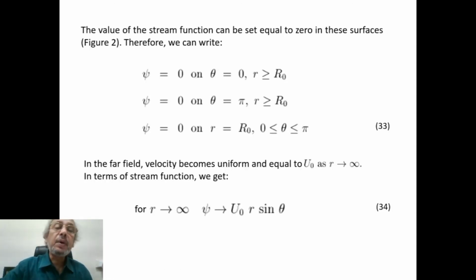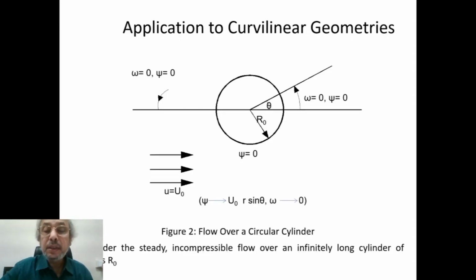If we consider the boundary conditions, we have already said in the schematic that psi will be 0 over the entire cylinder.